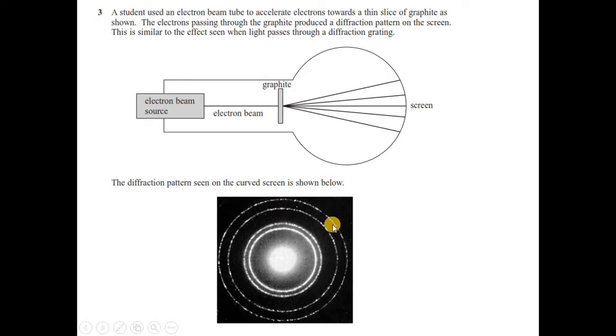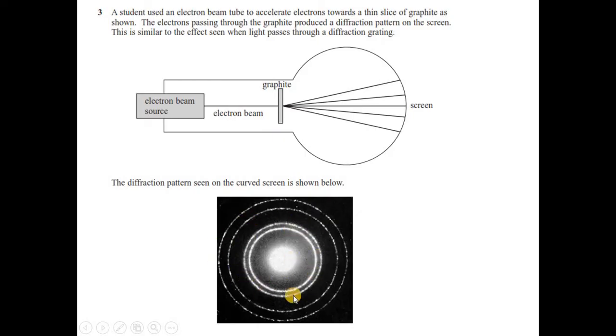Question number 3. A student used an electron beam tube to accelerate electrons towards a thin slice of graphite. As shown, the electrons passing through the graphite produce a diffraction pattern on the screen. This is similar to the effect seen when light passes through a diffraction grating.